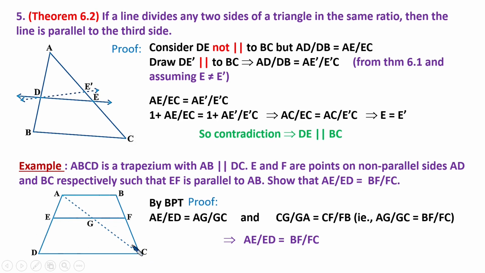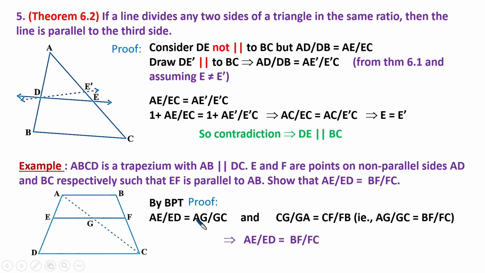Similarly, I know that CF by BF, if this is parallel which has been given to you, is this ratio, CG by GA. This is also the same, so this is a common thing. So I can equate this and eliminate the common thing. This is how I am first thinking, and then let me write it down. So how do I write it? Say I write that AE by ED is equal to AG by GC.